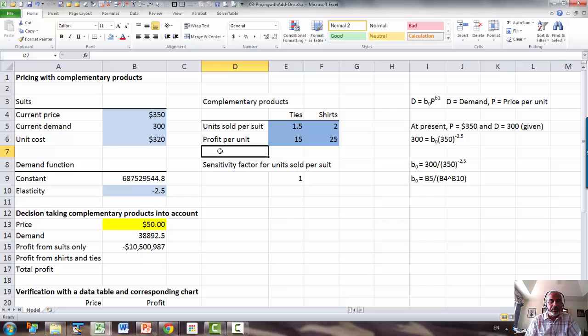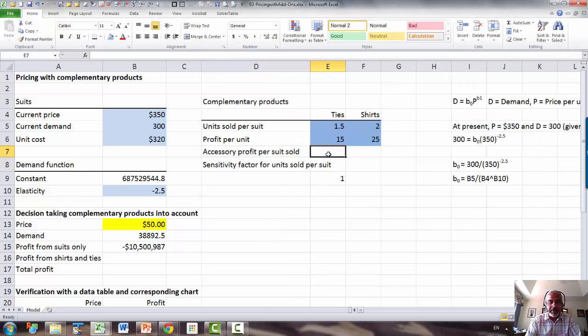So we can then say accessory profit per suit sold, for one suit sold.